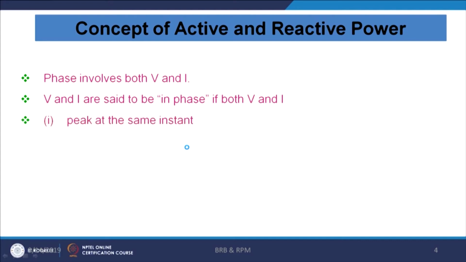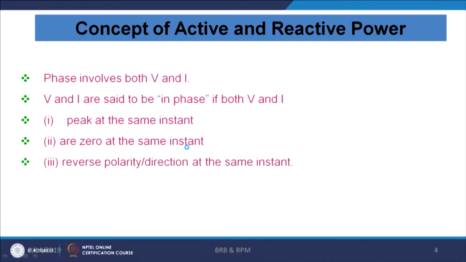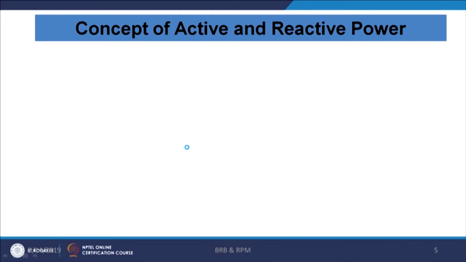Now, the peak should occur at the same instant, and the zero crossing should also occur at the same instant. Sometimes the zeros are at different instants, and I will show you the picture. Reverse polarity directions should also occur at the same instant. Voltage and current are said to be out of phase when they are 180 degrees apart in phase angle.